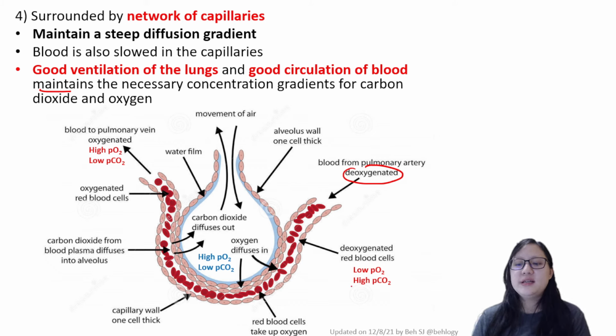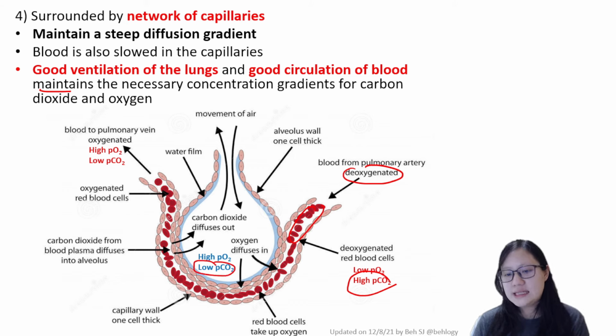Let's look at the PCO2. This deoxygenated blood would carry carbon dioxide, not just in the red blood cells, but also in the plasma. The alveoli, however, has a low PCO2, and therefore carbon dioxide can diffuse outwards, from high PCO2 to low PCO2.